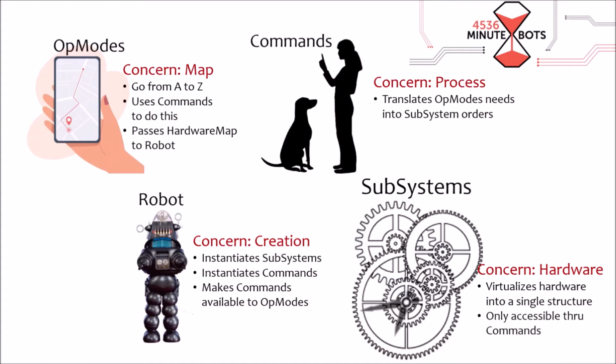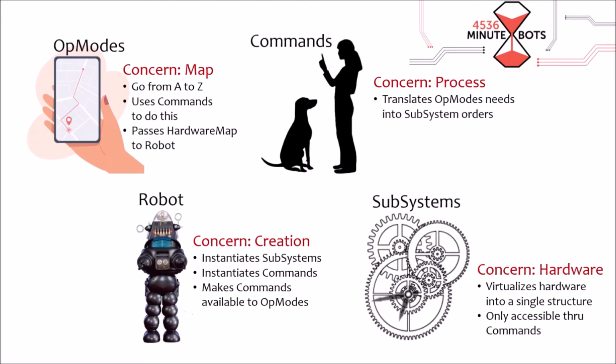This protects the subsystems, the hardware, by making them only accessible through commands, and then only even indirectly, because the commands rely on the subsystem. So these are 4 different concerns we have. The map of how we're going to get from point A to point B, the creation of the systems, subsystems, and commands we need to accomplish that, the process of translating those commands from map into commands for the subsystem hardware, and then the actual interaction with the hardware itself.